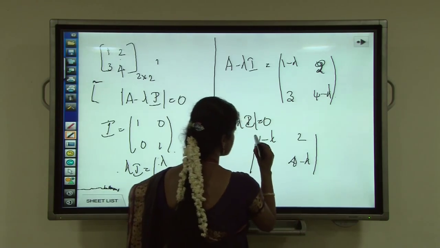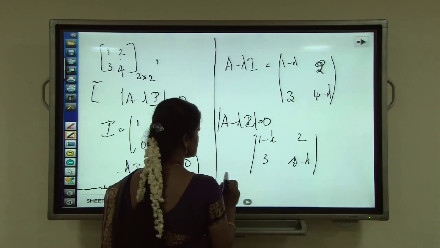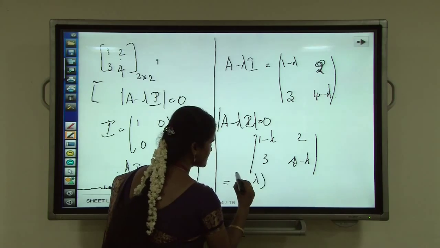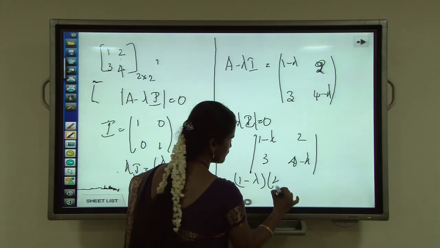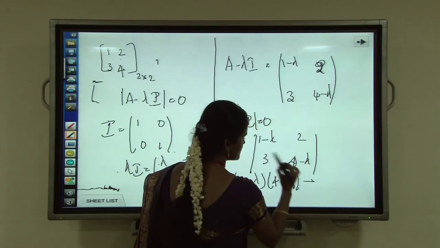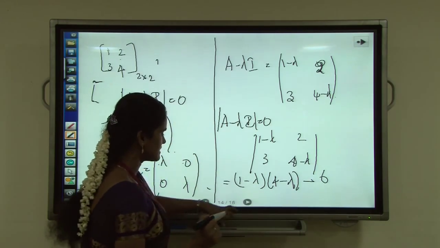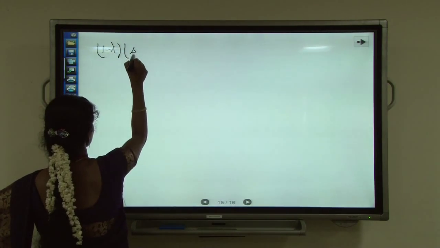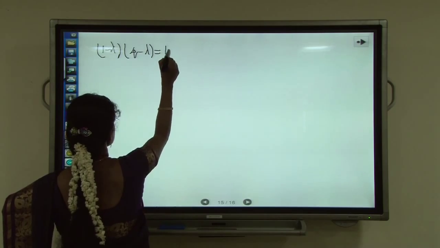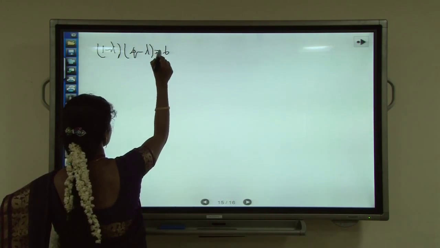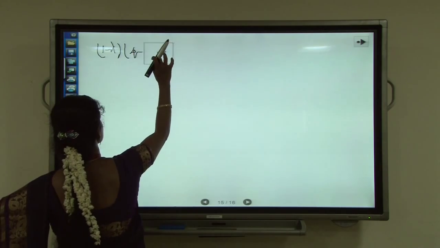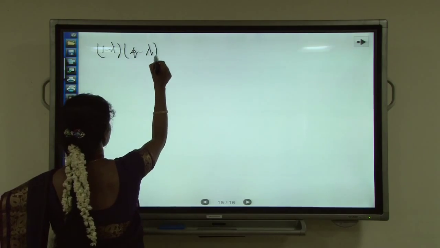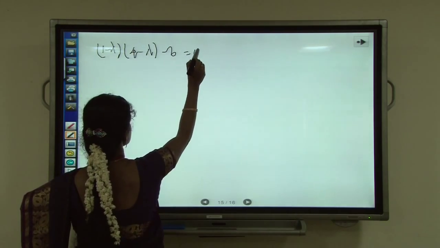As you have learned to find the determinant of a matrix in your lower classes, I don't think I need to teach it separately. When we find the determinant, it is 1 minus lambda into 4 minus lambda minus 6. As we simplify this, 1 minus lambda into 4 minus lambda minus 6 is equal to 0.